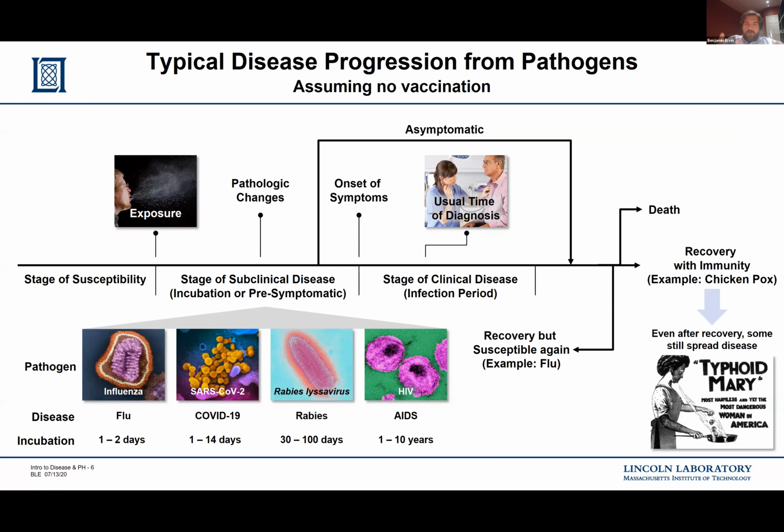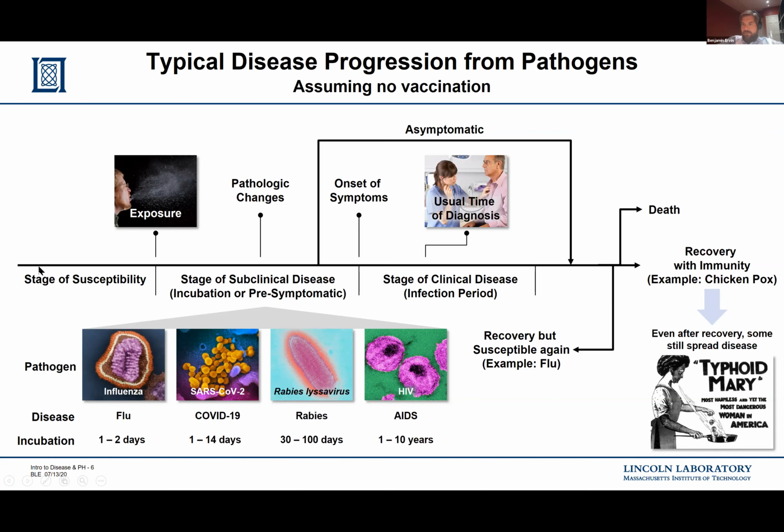So when we start from the beginning of a disease progression, there's several stages that you would go through, and not everyone actually goes through these stages in the same way. But if you start to the far left over here, this is your stage of susceptibility. So assuming that you don't, for instance, have COVID-19 and you haven't had COVID-19, we're all in this stage of susceptibility.